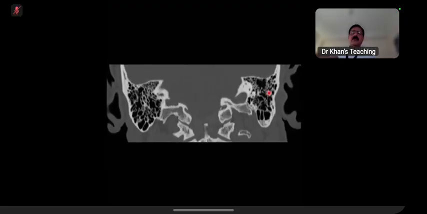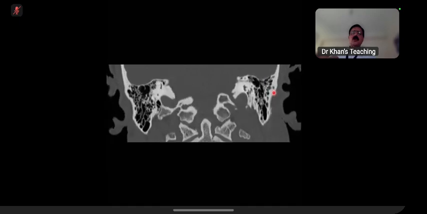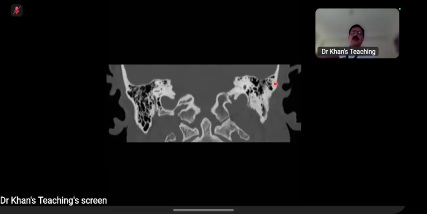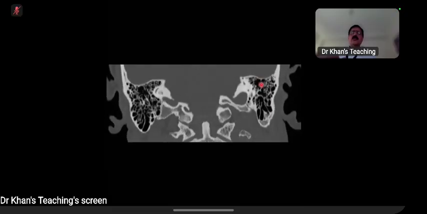This bone is known as the tegmen mastoideum, because they will show you cases in which it will be eroded. On the other hand, this bone, which is superior to the middle ear, is the tegmen tympani. So tegmen mastoideum where the mastoid cells are, and going anteriorly, this one is the tegmen tympani.